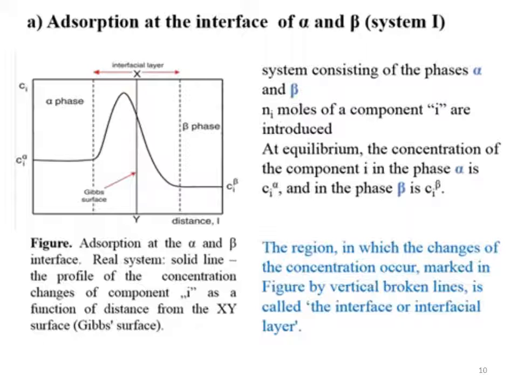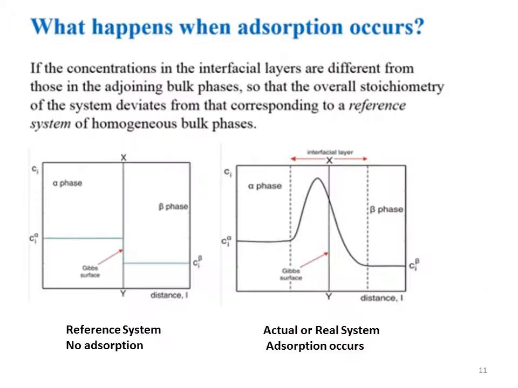Let us talk about this region: interfacial layer, interfacial region, Gibbs surface. The region in which changes of concentration occur, marked in the figure by vertical broken lines, is called the interface or interfacial layer. What happens when adsorption takes place? We have two systems: first is the reference system and the other is the actual or real system.